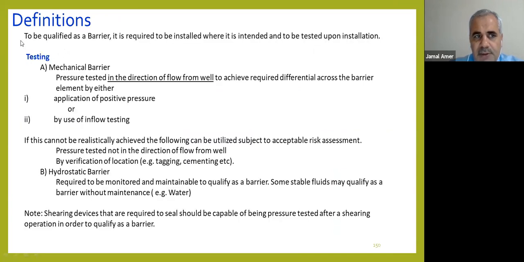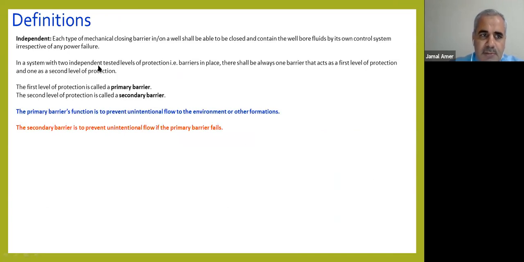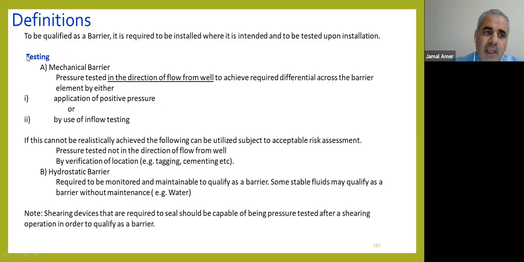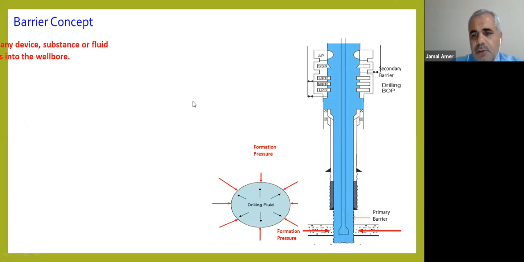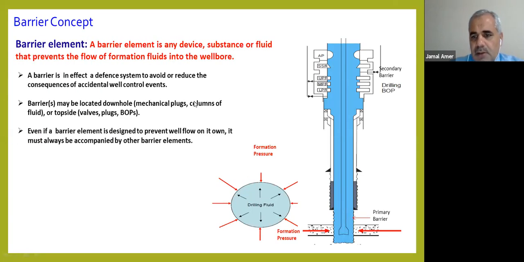Here, barrier definitions. What is the difference between an independent barrier, a dependent barrier, also a barrier element and a barrier envelope. All this we'll talk about in our course. How to test the barrier and what types of barriers. We have mechanical barriers and fluid barriers.